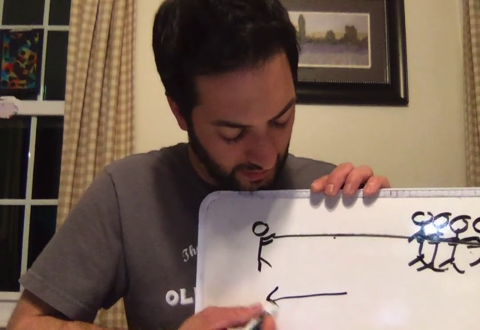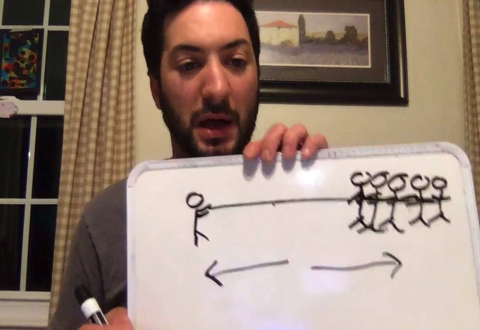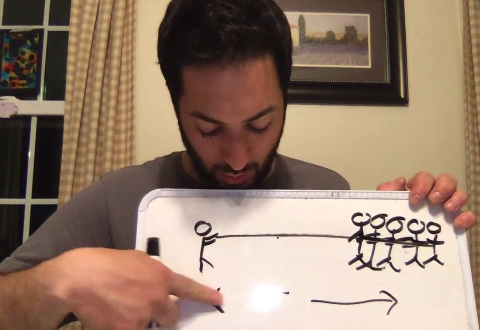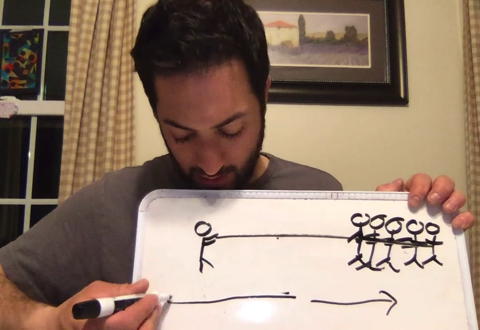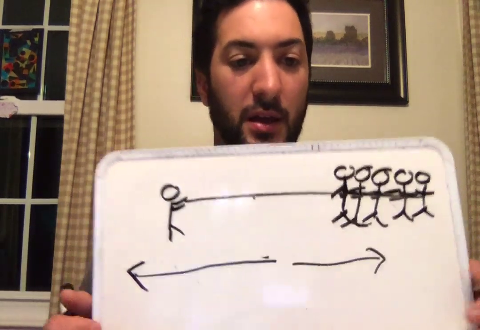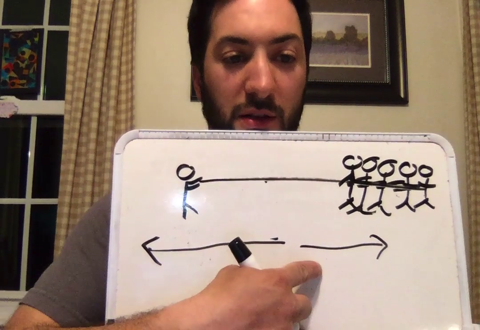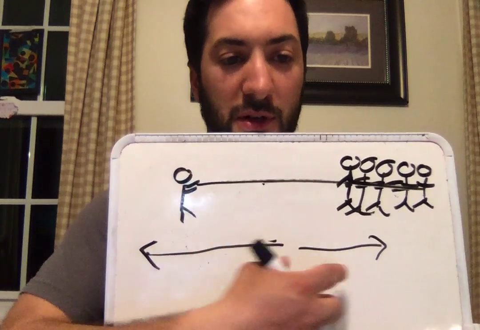There's a force of this much this way and a force of this much this way, okay? That's balanced. As soon as Kayleen says, all right, I'm done playing around, what happens is this force arrow for Kayleen becomes this long, okay? Look at it. So this force arrow is longer than this one. This is Kayleen, this is all the boys. Look at it. There's this much versus this much.